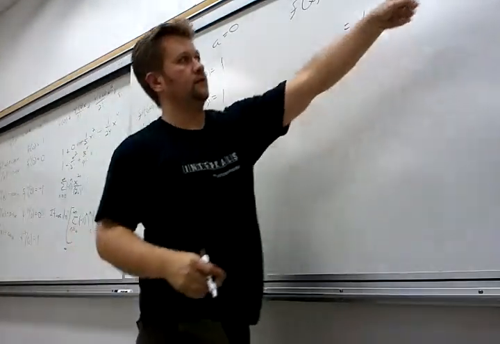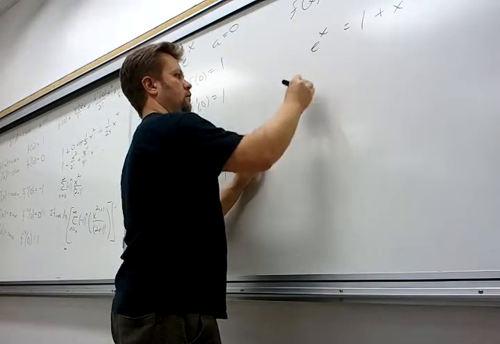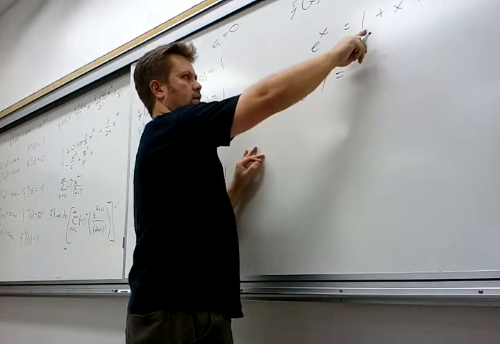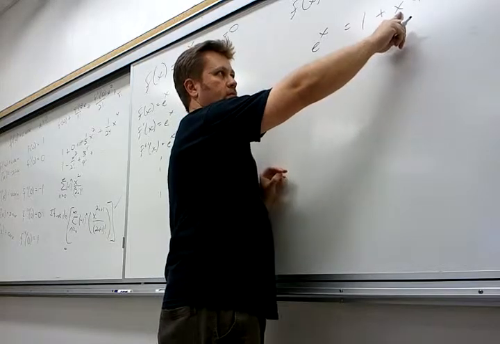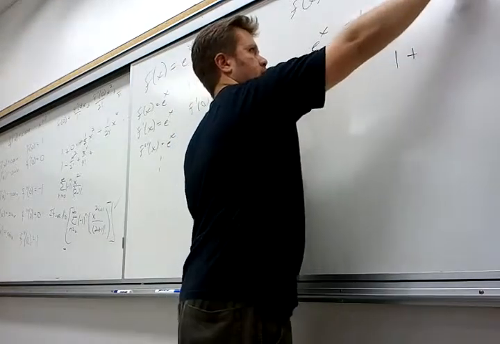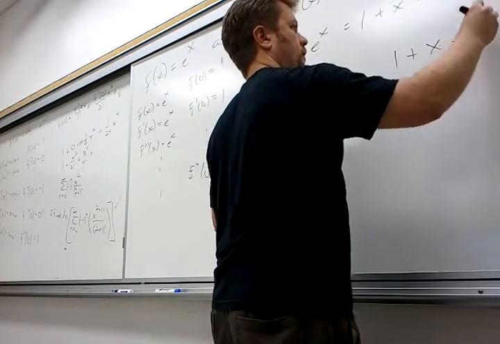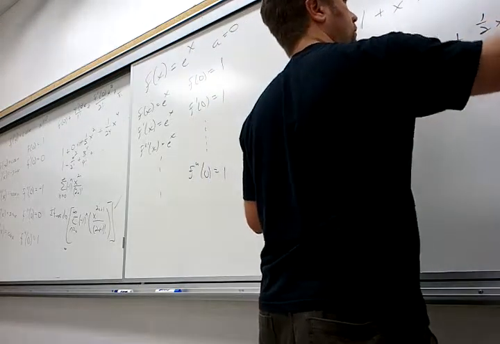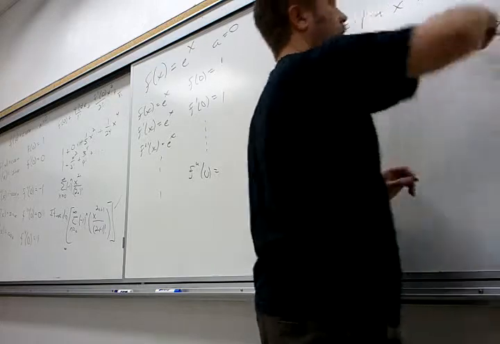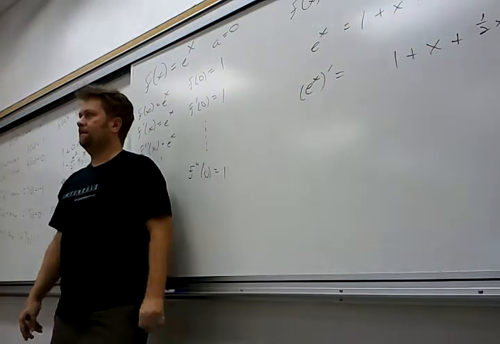When you take the derivative of this, you get 0 here, you get 1 plus 1/2 x squared plus 1/6 x cubed plus. You pick up the same thing, right?